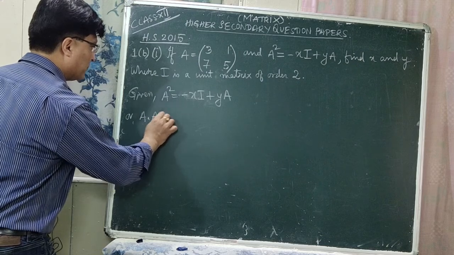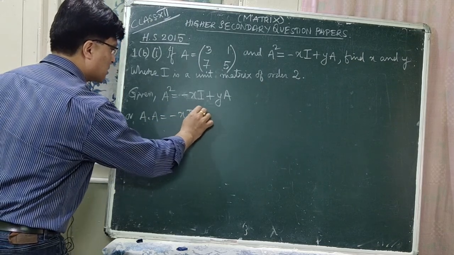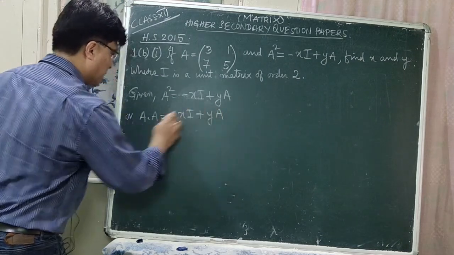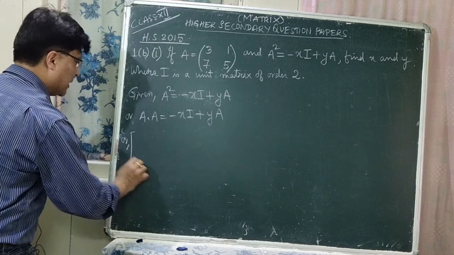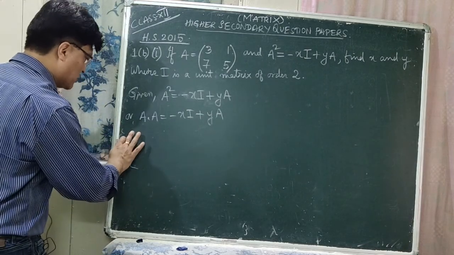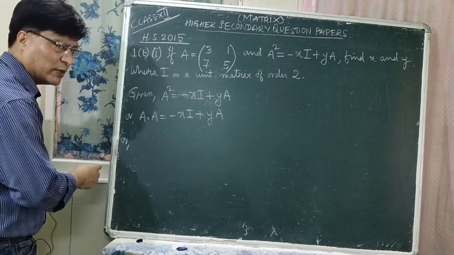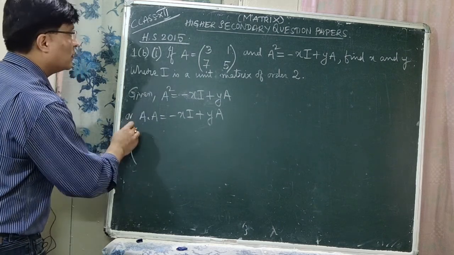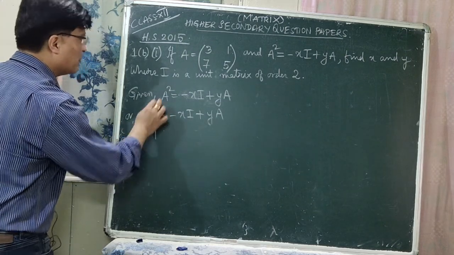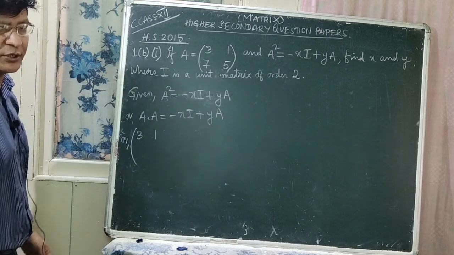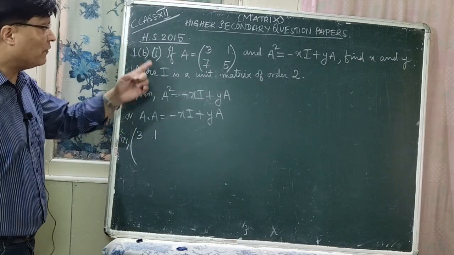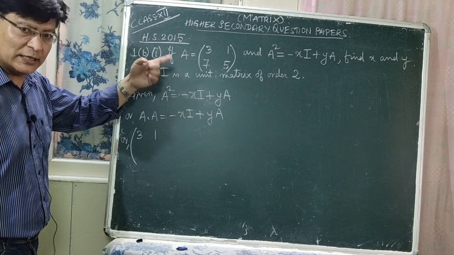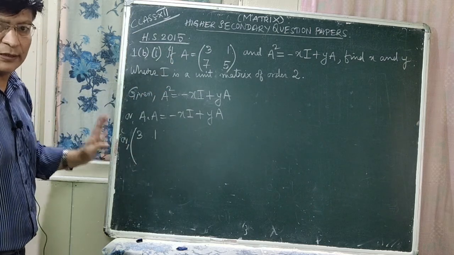A dot A is equal to minus xI plus yA. And what is capital A out here? It is given within first bracket, so write it within first bracket. If it is given within first bracket in the question, you have to write first bracket. If it is given within third bracket in the question, you write within third bracket.